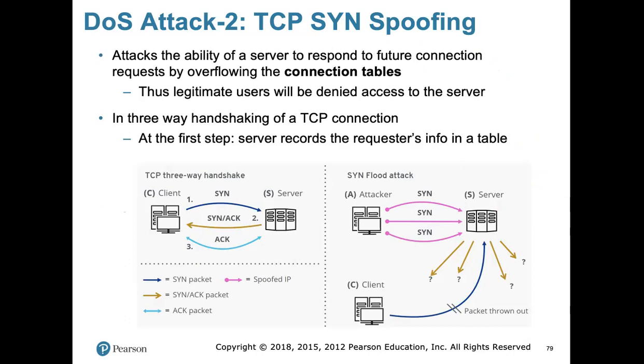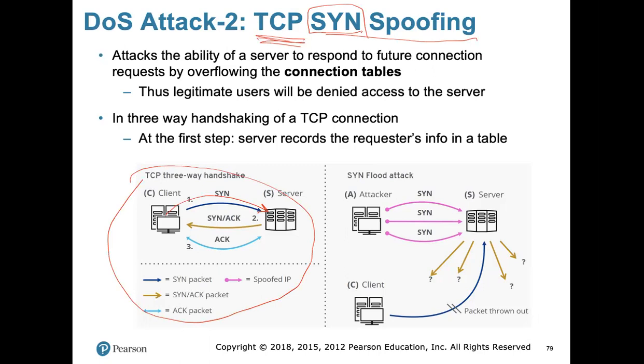Okay, the second type of DoS attack that I'm going to introduce is called SYN spoofing. SYN is a part of the TCP protocol. Here you see how a TCP connection is established. The client or requester sends a SYN packet, which is the first packet of the TCP connection.